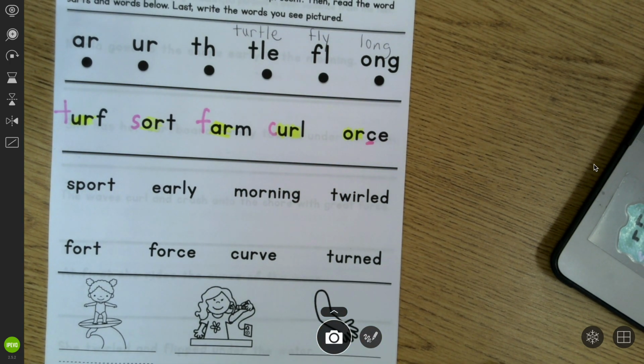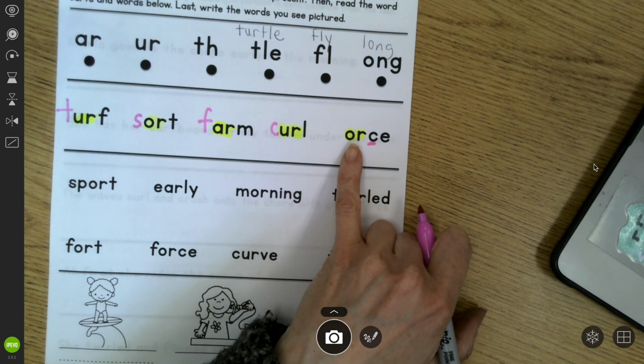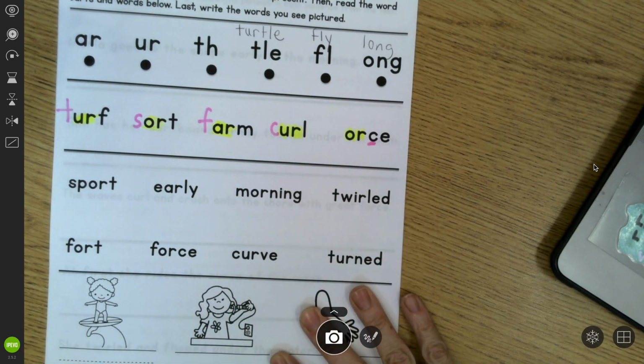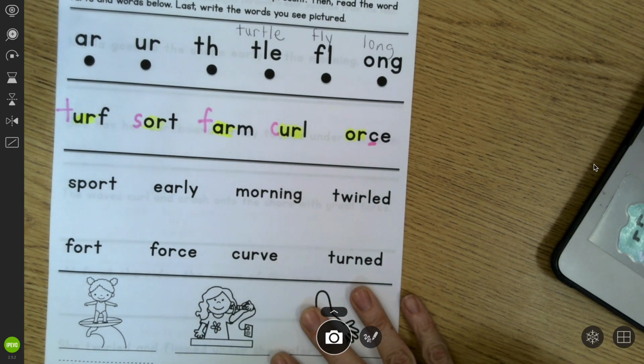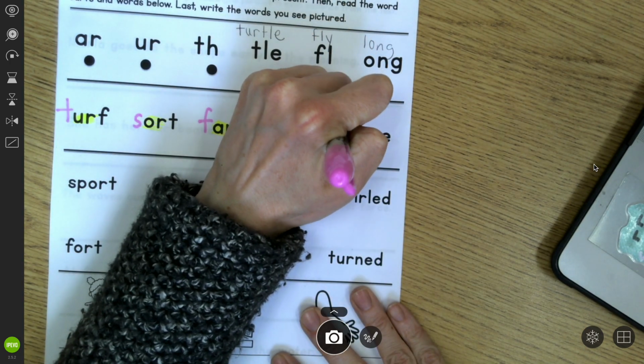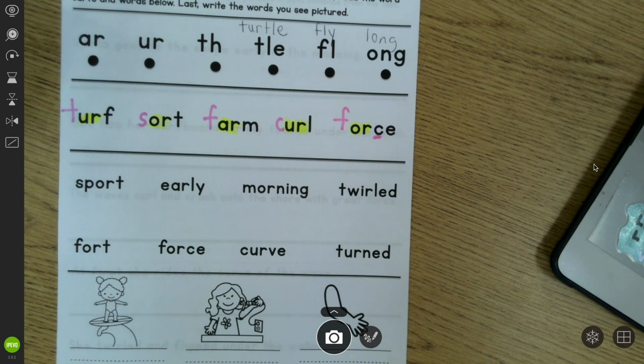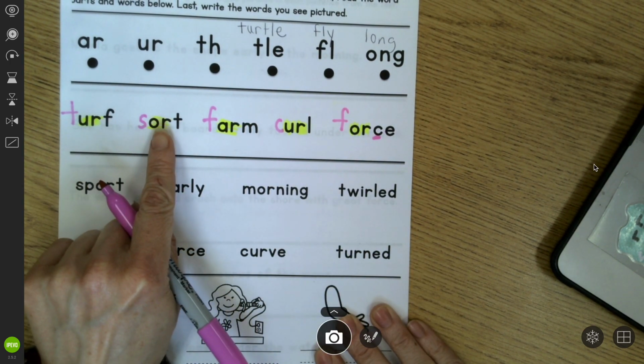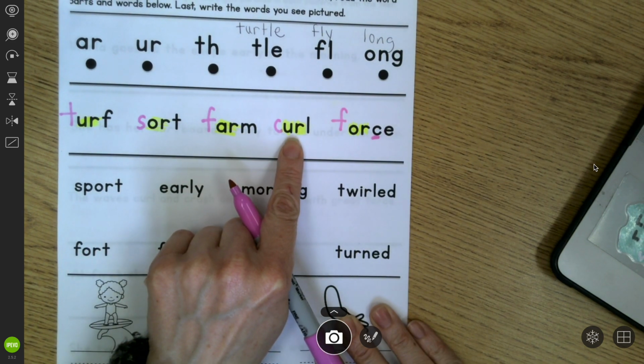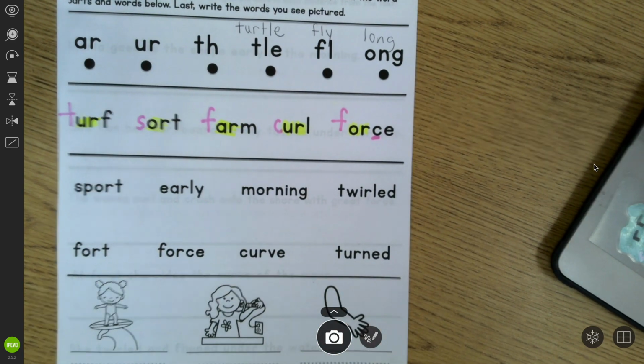An S sound. So we have orce. Force. So turf, sort, farm, curl, force.